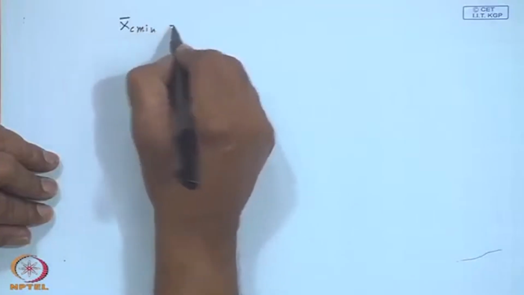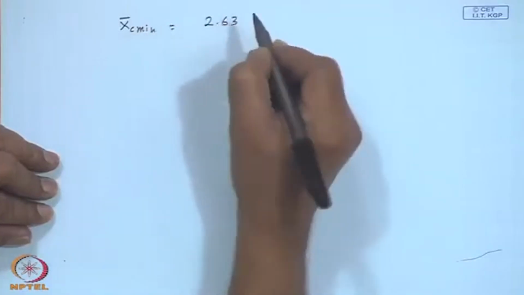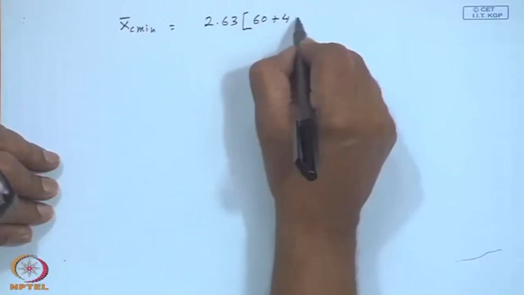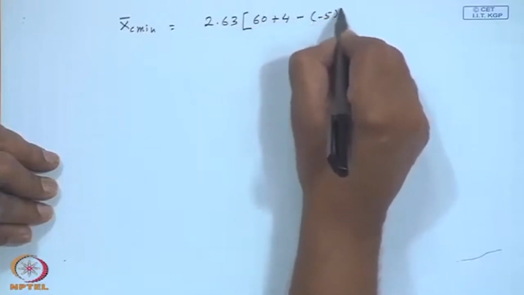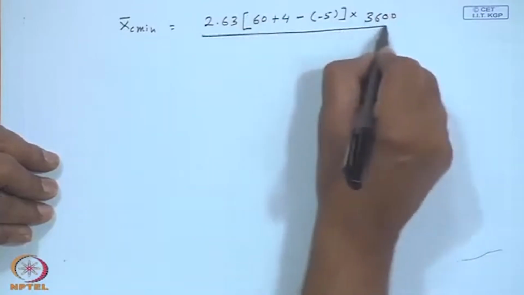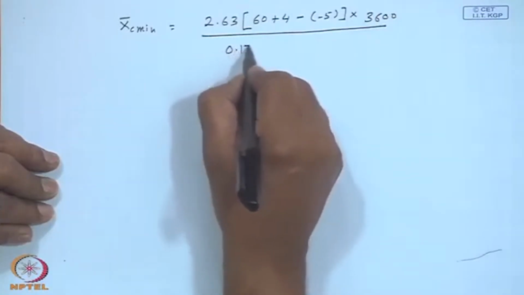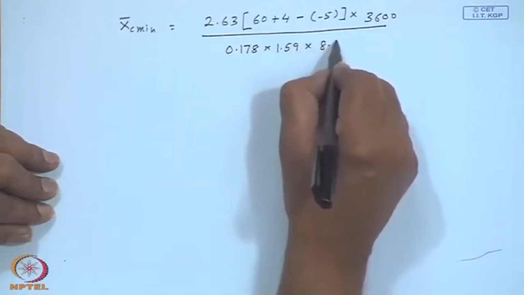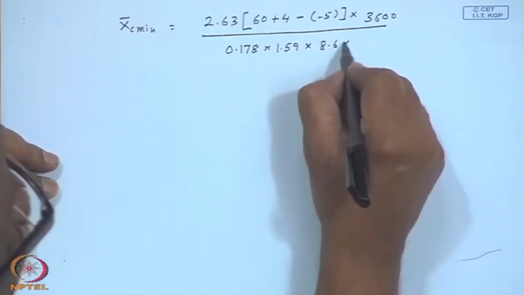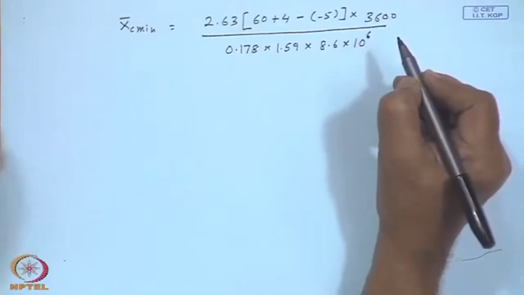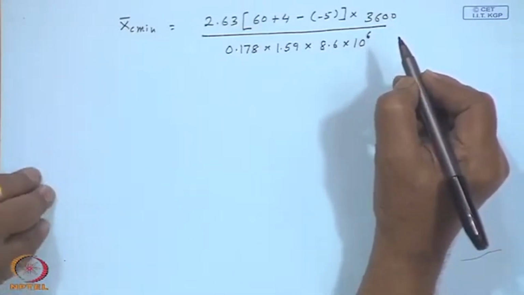So, x c bar minimum will be F R U L, that is 2.63, times 60 plus guessed 4 temperature minus T A bar, which is minus 5, times 3600 to make it time unit proper, by R T n times R n times 8.6 H bar, that is H bar R T n, yes.